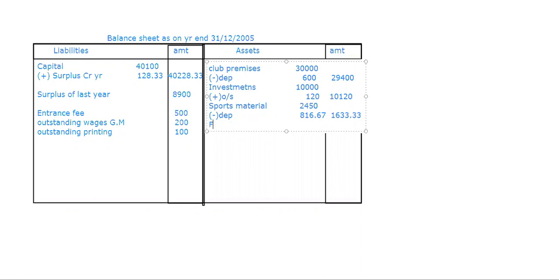Then you are going to have furniture. Furniture 4,000 minus depreciation, which is 200, will be 3,800.